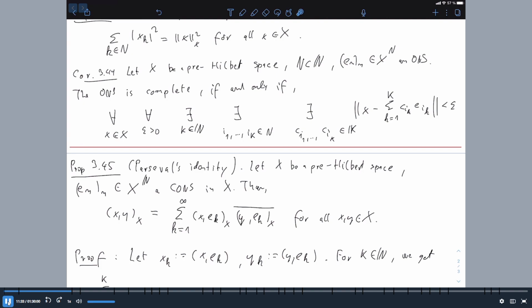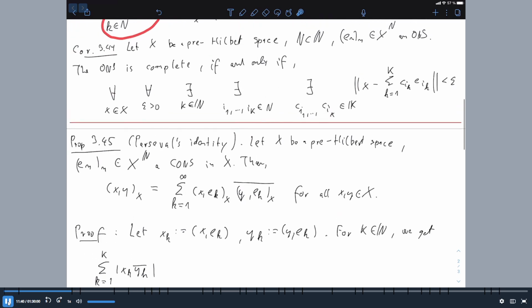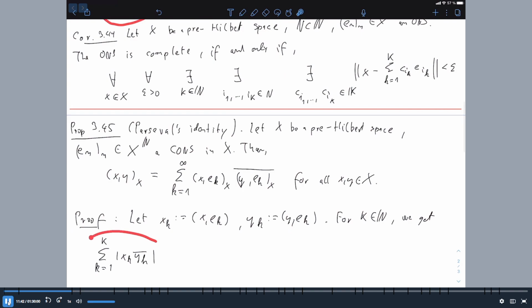So do you have any idea how we can connect the knowledge that this is finite to the need of bounding this from above? What would be the typical trick to separate such products?